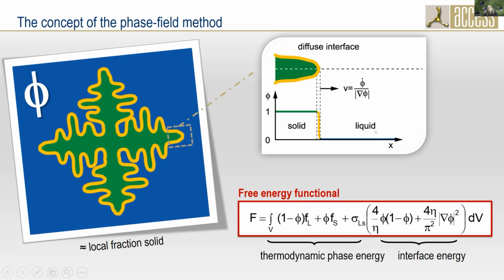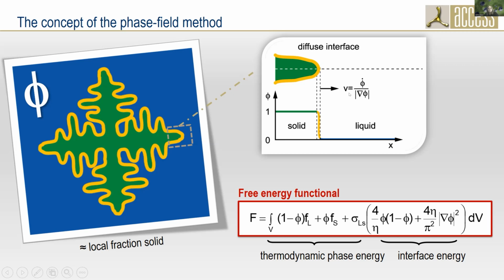In our model, this diffuse interface thickness is just a numerical parameter, which should have no impact on the simulation result. But the advantage of this diffuse interface is that we can now describe the velocity of the interface in the form of a partial differential equation and as a function of the rate of change of the phase field.